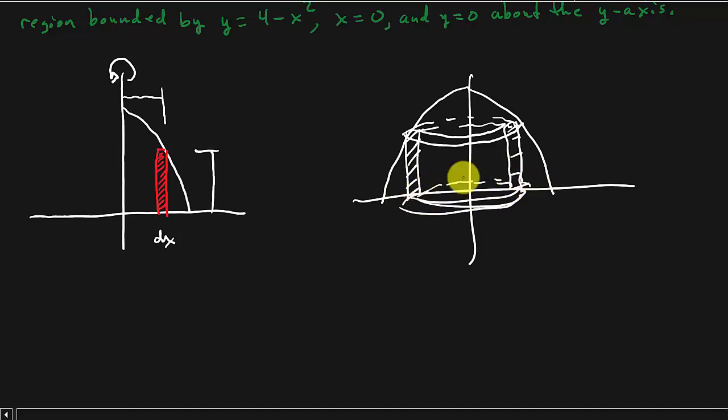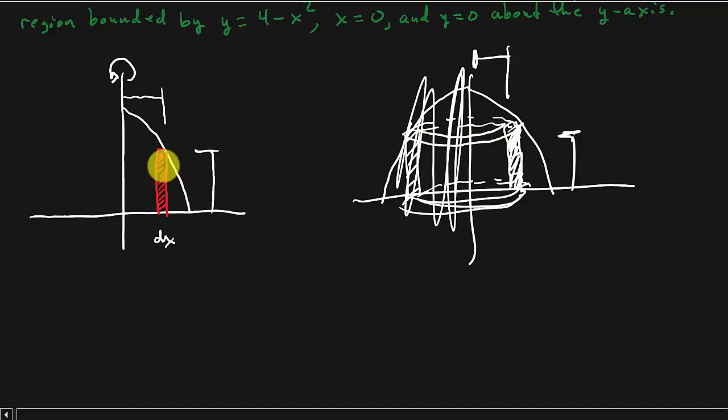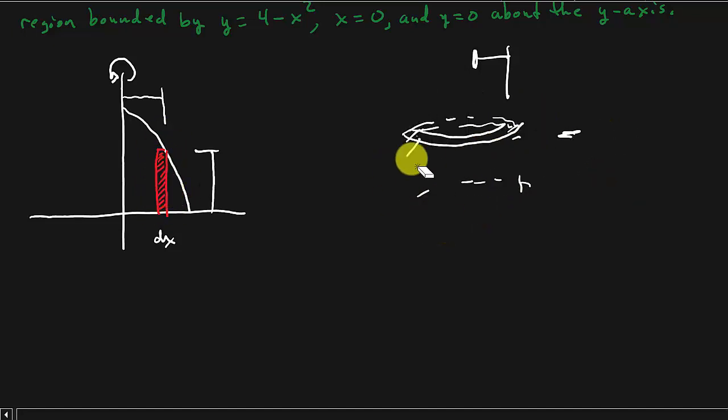But see, I'm not drawing this part. I'm just drawing this shell right here. Because what do I need? I just need that distance there. I don't need the entire distance across here. And then I just need the height. And I can get that by just drawing that shell, that thickness right there, that rectangle.